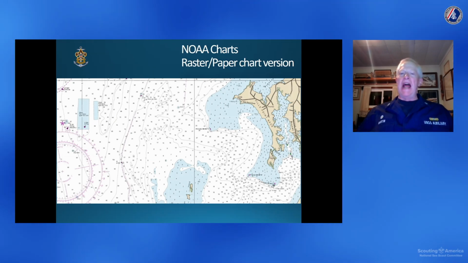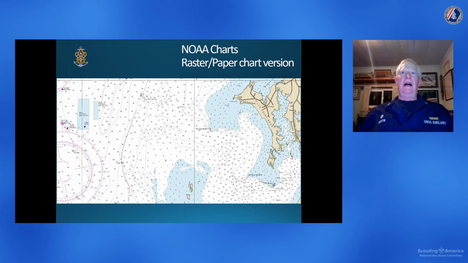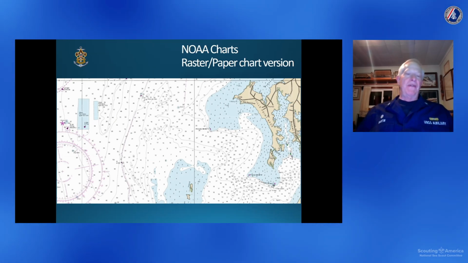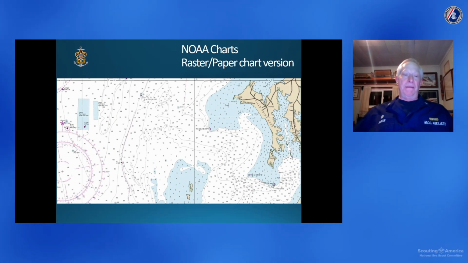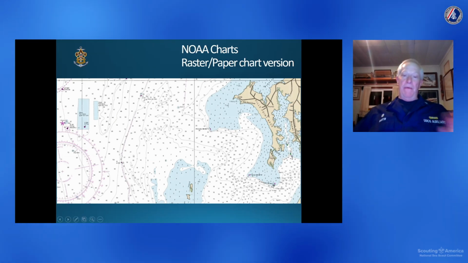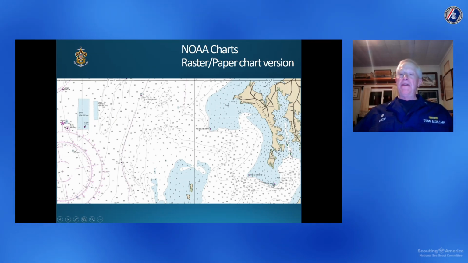You had to draw it out by hand and then make sure that you were following your course. You check your set and drift, your dead reckoning, everything to make sure that you were on course and staying out of the danger areas that you had listed. If you didn't do that, you could run aground or run into a hazard. So you had to do everything by hand with the paper chart. Now you don't have to.